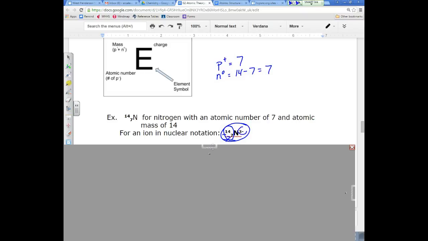In this case, I have a charge. So that means I've gained or lost electrons. It's negative. That means I have gained electrons since they are negatively charged. How many have I gained? 3. If it were neutral, I would have 7, but I've gained 3 more, so that gives me 10. So you always start with where they were neutral, and then you make the changes based on the charge from there.